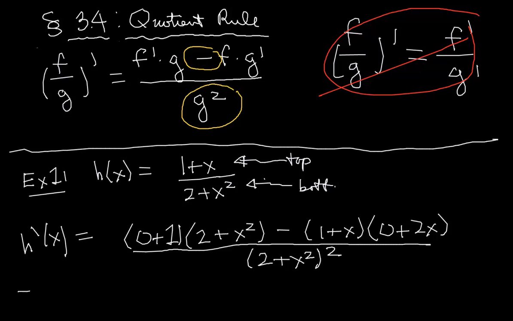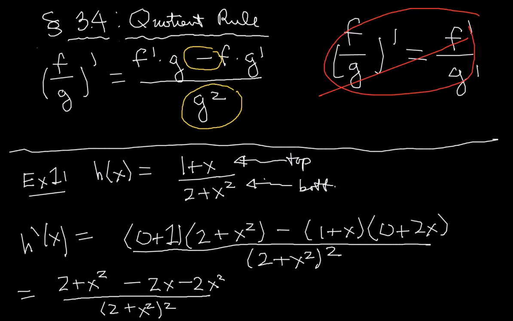Let's do a little bit of cleanup here. 0 plus 1 is 1. 1 times 2 plus x squared is just 2 plus x squared. Next part, we have 1 plus x times 2x. That's going to give us 2x and 2x squared. But the minus sign distributes, so we'll get minus, minus. And then over 2 plus x squared squared.